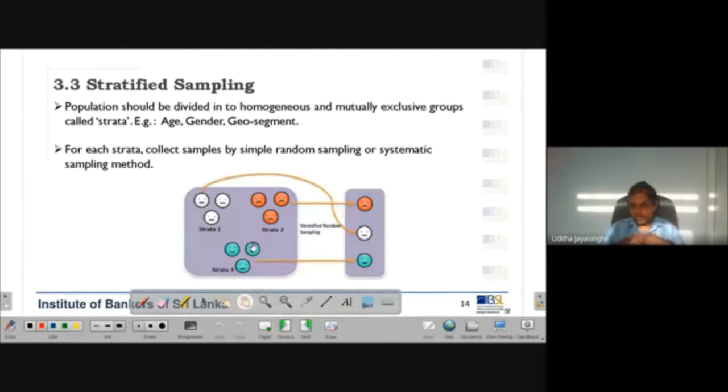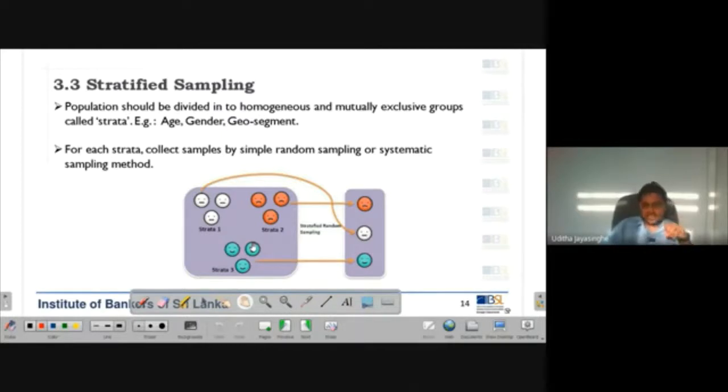You see, I told you, stratified sampling, the only difference with quota sampling: in quota sampling, you do the same thing. You come here with the same intention with the groups, and then you select the sample from these groups based on your definition, based on your preference. But here, once you come to this particular place, you can either use simple random sampling or systematic sampling to collect data from each group.